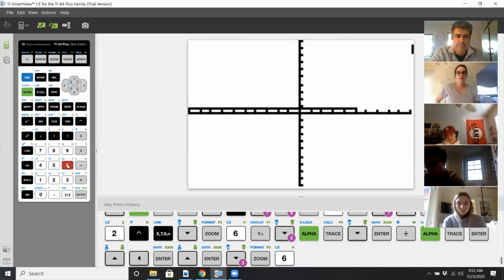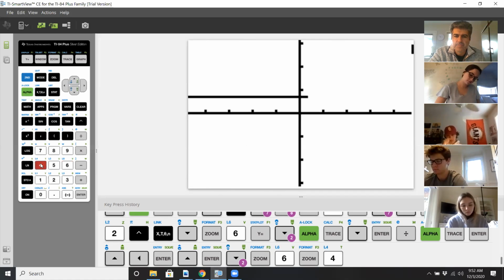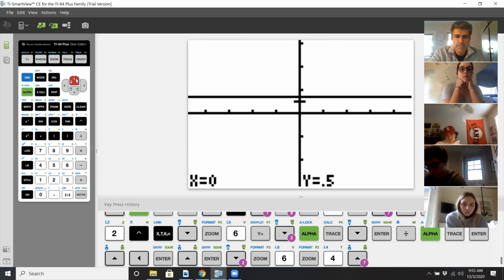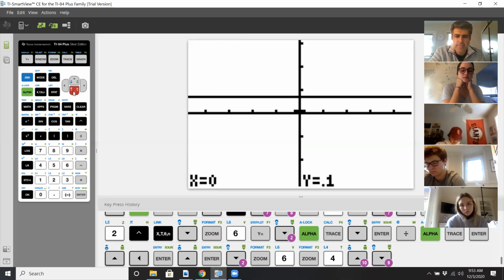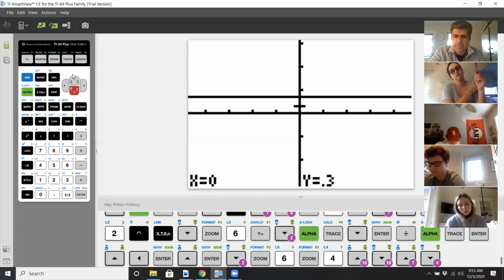Okay, I see why we should be in Zoom 4, so you can see a little better what's going on. Let me go to Zoom 4. Okay. Now, if I move the cursor, okay, now I see why Ms. Blanford said to be in decimal mode. Got it. Every tick mark is still worth 1 unit. But notice that when I go up and down, it goes up by a decimal.